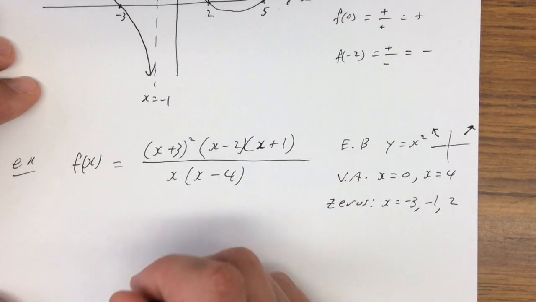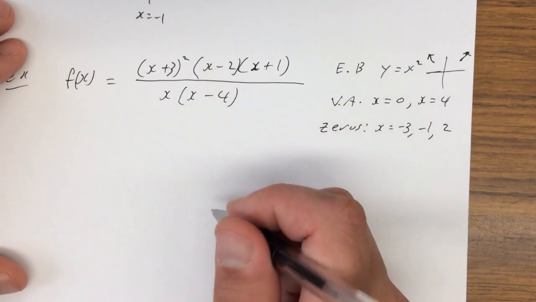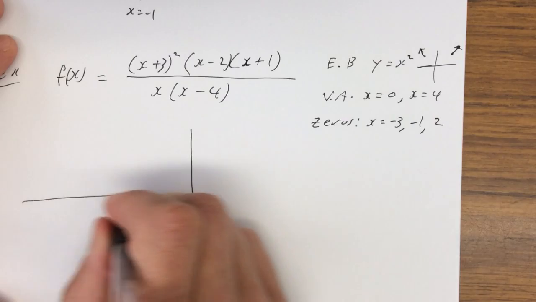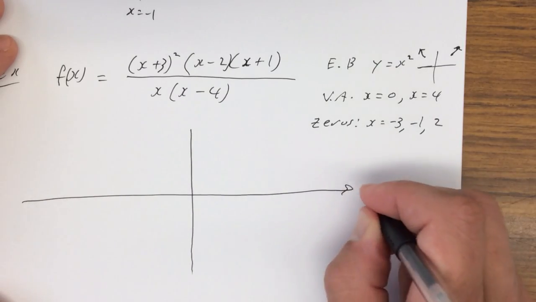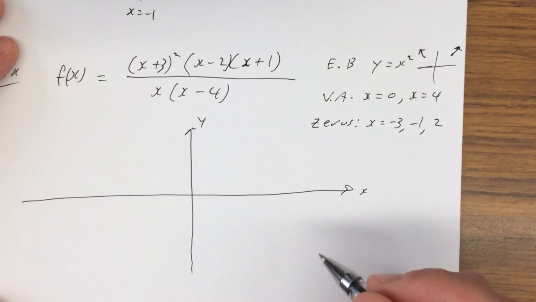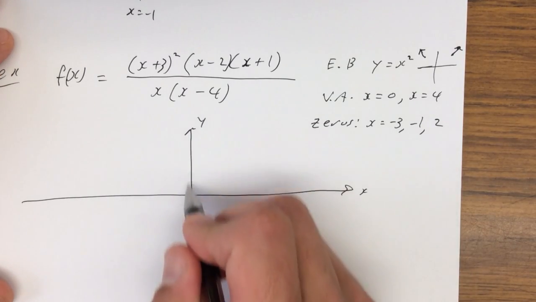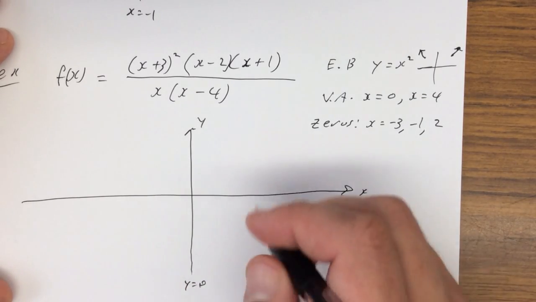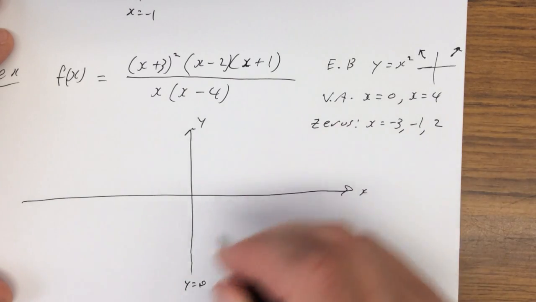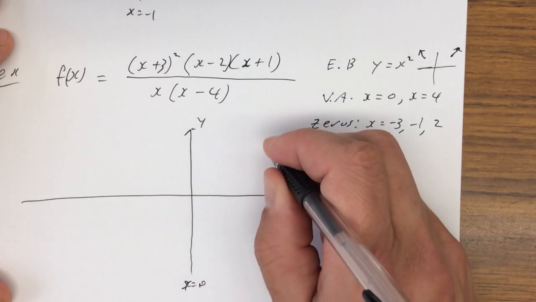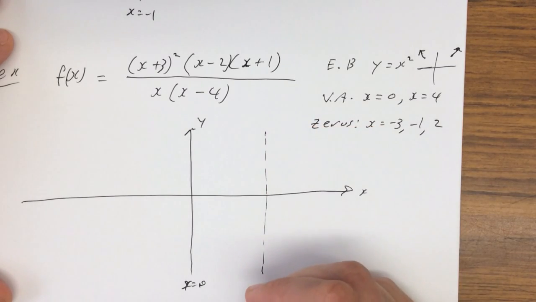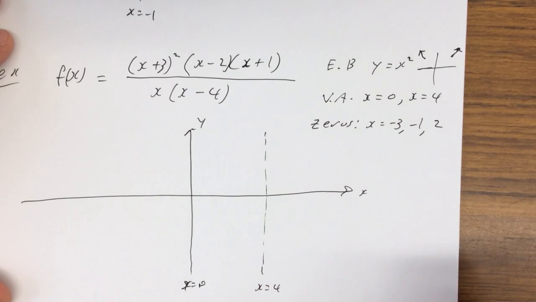Okay, so let's see what we get when we plot this. So we've got the x, the y. Let's put in the vertical asymptotes. Well, we've got the y-axis is x equal to 0, and then x equal to 4 is another vertical asymptote.